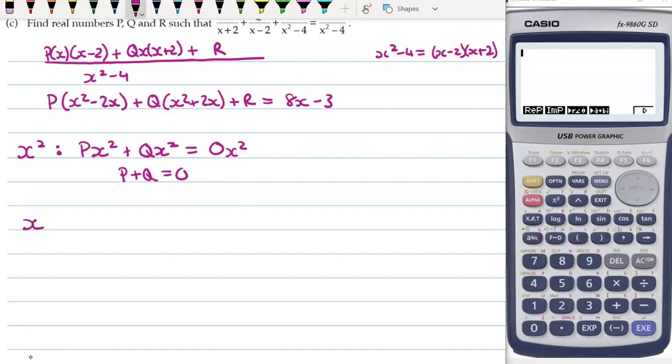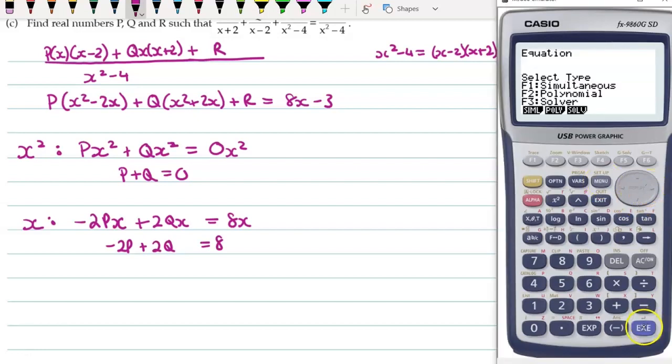Looking at the x terms, we have minus 2px plus 2qx is equal to 8x. So minus 2p plus 2q is equal to 8. That gives us something we can solve using simultaneous equations.